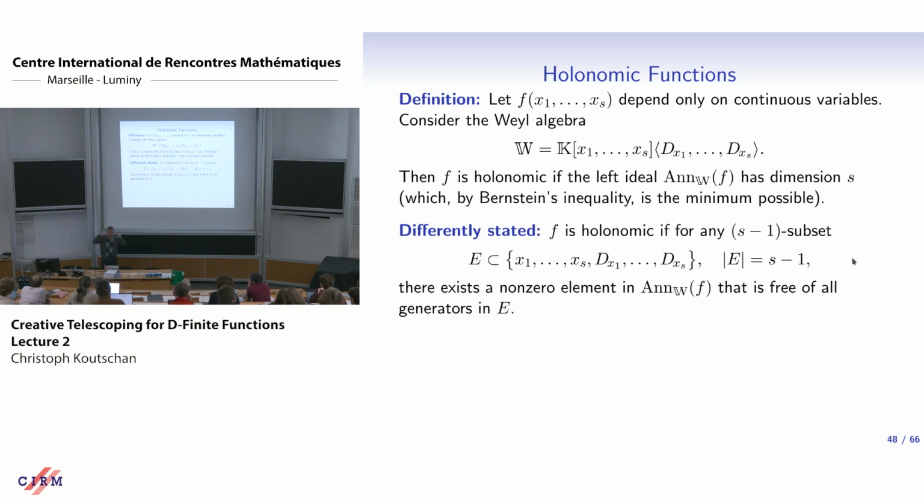Well, and this is the property that guarantees the existence of integrals, because if you want to integrate with respect to s minus 1 of these variables, with only one variable surviving, then you could do it by eliminating all the other variables and then turning the operator that you get into a relation for the integral.